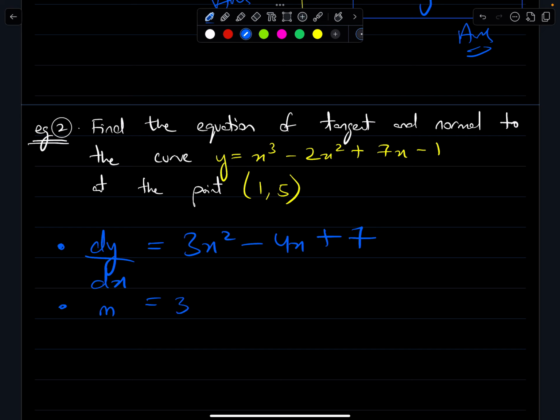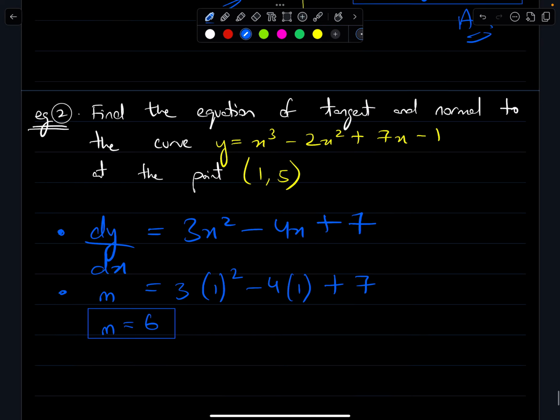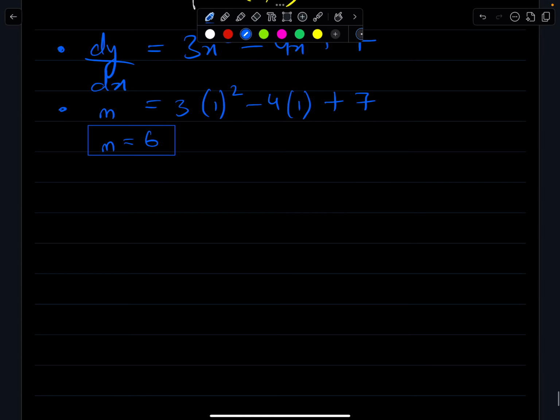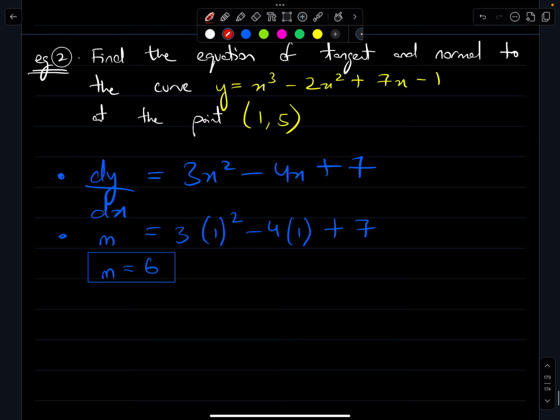So we have x as 1, and the gradient turns out to be 6. And this is the gradient of tangent.